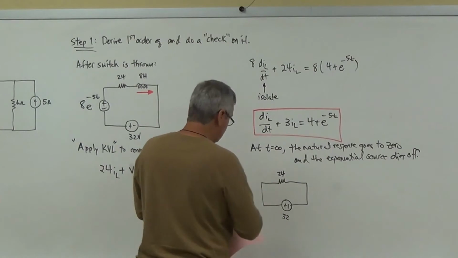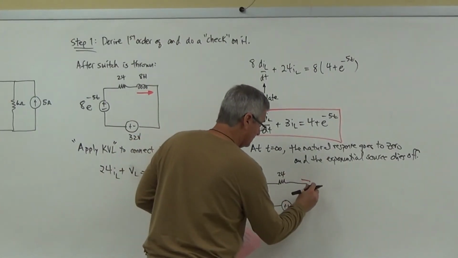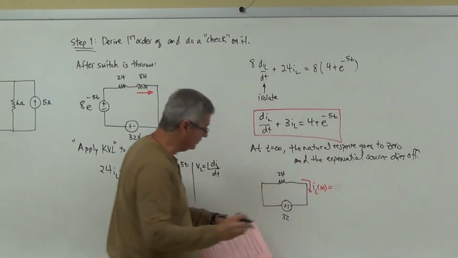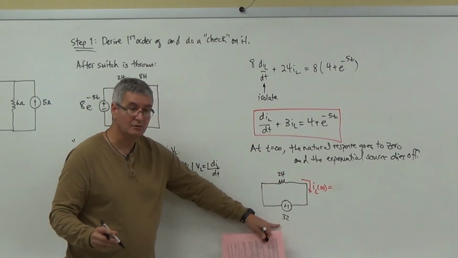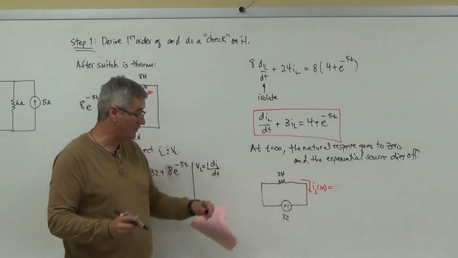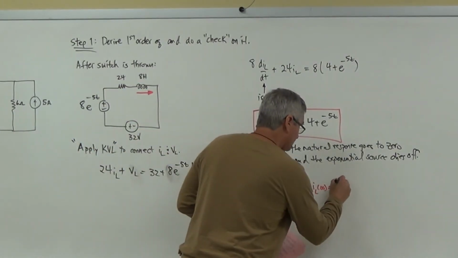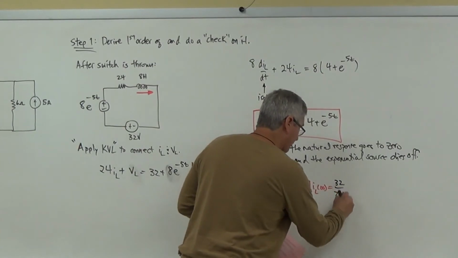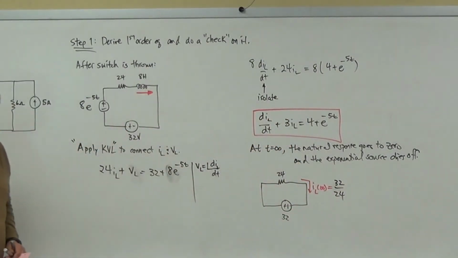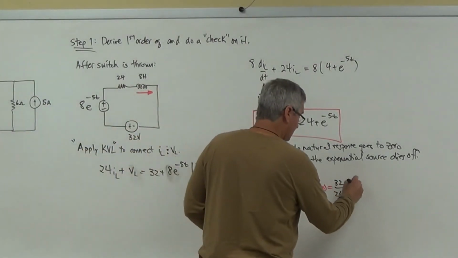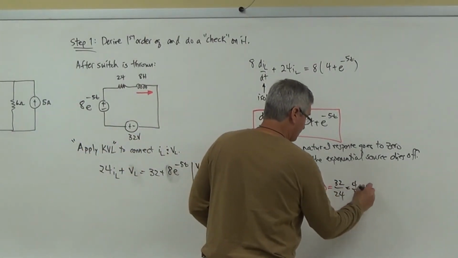So therefore, the inductor current at t equal to infinity should look like what? 32 divided by 24. You guys with me so far? Okay, and you can see here that this should give me what? 4 over 3 amps.